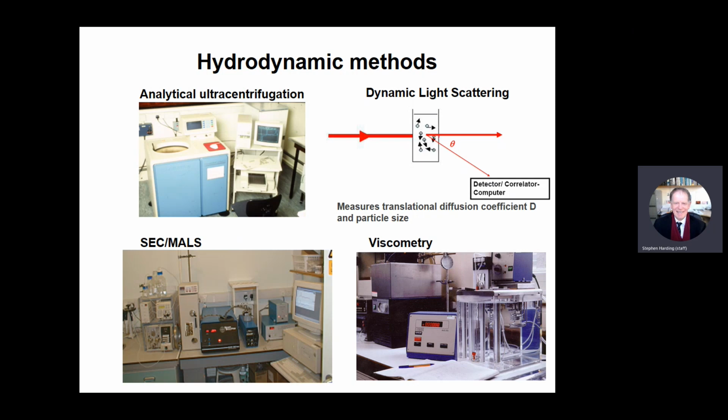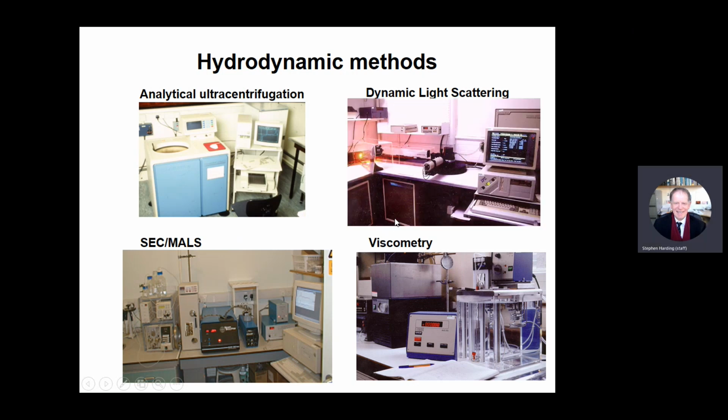From these autocorrelation plots, we get a measure of how fast the molecules are diffusing, as measured by what we call the translational diffusion coefficient, which is related to particle size and conformation. This is what a setup used to look like.